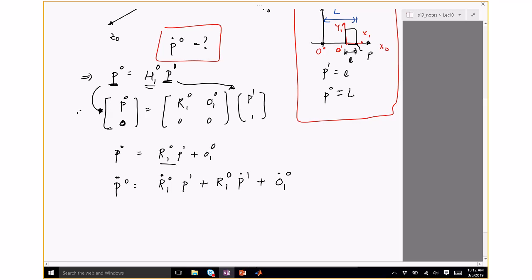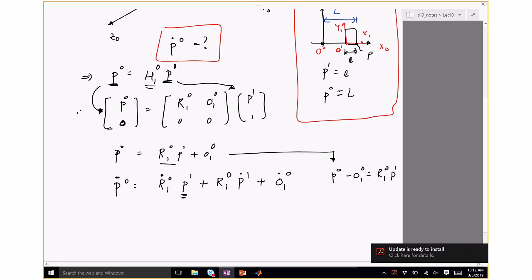Let's try to express R dot, well, let's get rid of P1. From here, what we can do is write P0 minus O10 is R1 P1. I just move the O10 to the other side, and then I'm going to multiply both sides by R10 transpose.